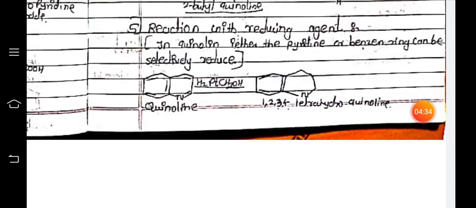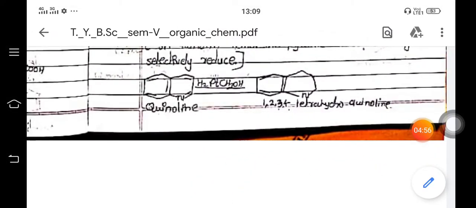Means two double bonds of this system are going to be reduced. So we will get 1,2,3,4-tetrahydroquinoline, because reducing agents are those which increase the hydrogen atoms or decrease the oxygen atoms. So these are the various types of reactions.